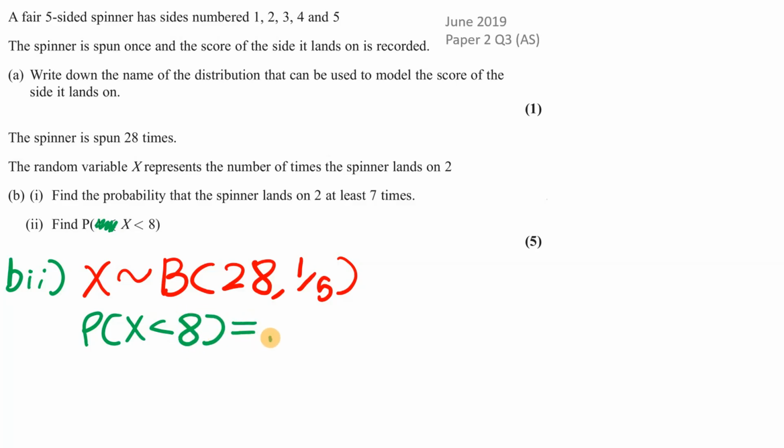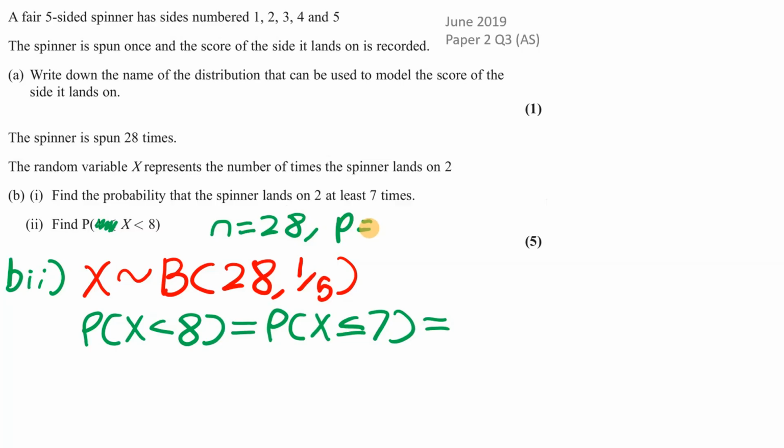So as we've already talked about, this is the same as the probability that x is less than or equal to 7, and this we can put into our calculator where n is 28, p is 1 over 5 or 0.2, and x is equal to 7. If you put this into your calculator, this is equal to 0.8182.